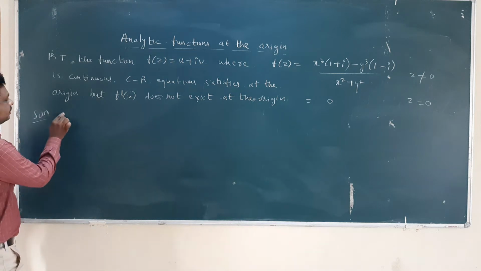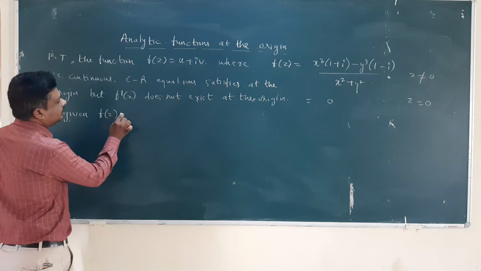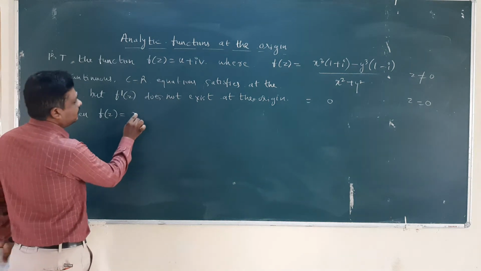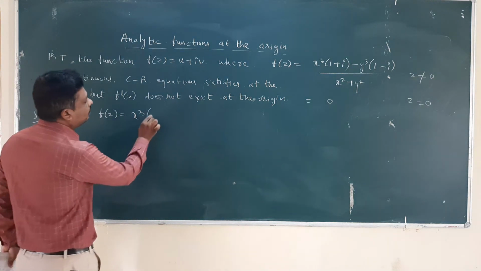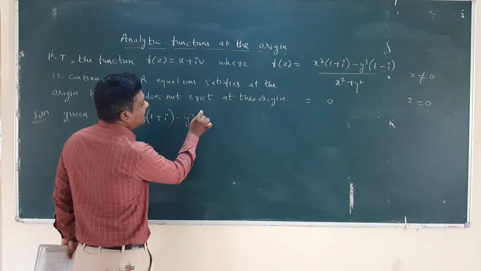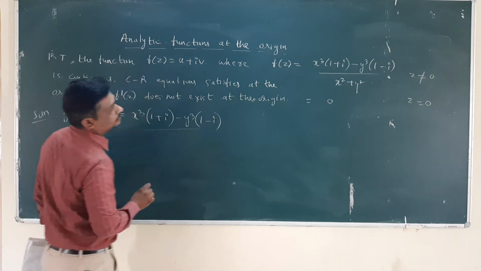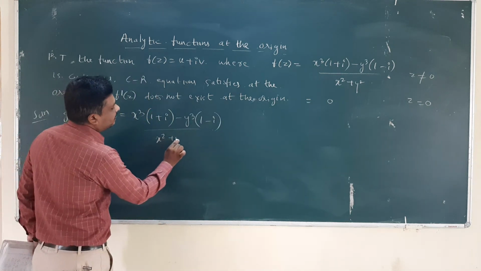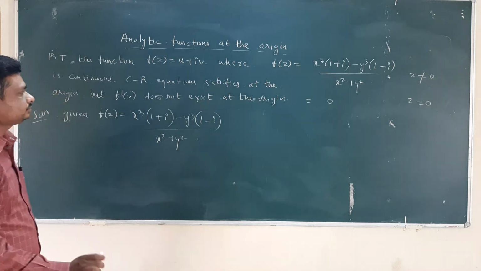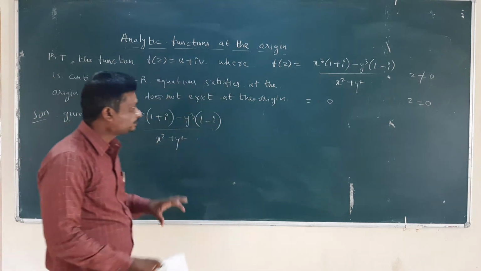Here, given f of z is equal to x cube into (1 plus i) minus y cube into (1 minus i) divided by x square plus y square. So see the question carefully.